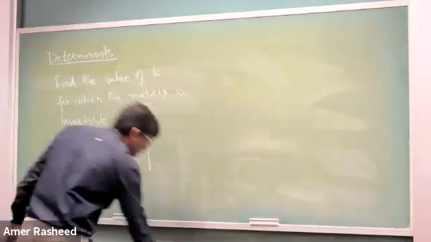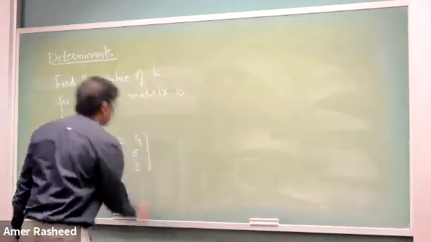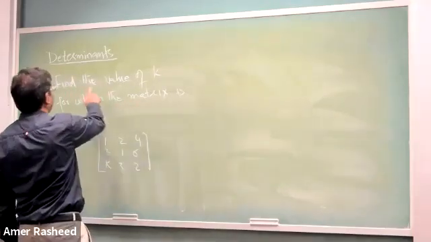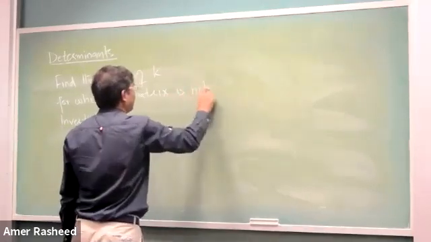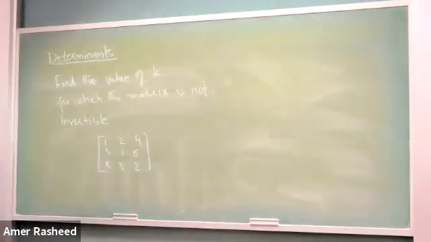Anyone? वैसे तो cofactor expansion भी कर सकते हैं row 1 को लेके और उसके बाद हमने बस ensure करना है कि zero नहीं होगा. आप यहाँ पे पहले इसको, is for find the value of k for which the matrix is not invertible, ये करें. आप कैसे करेंगे?